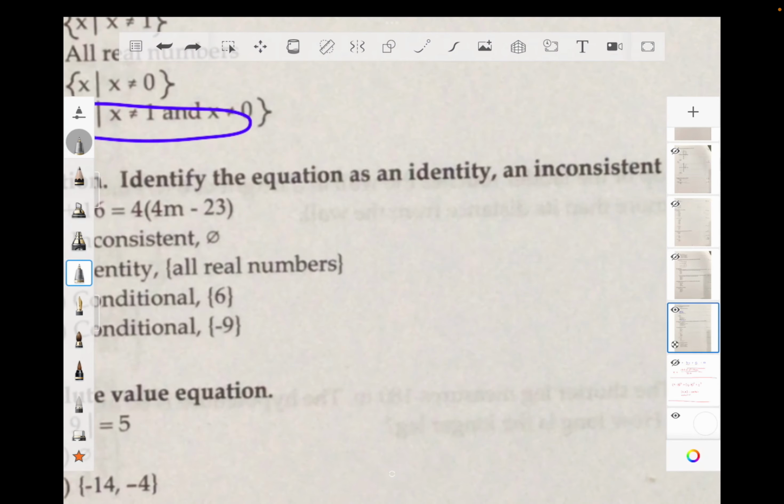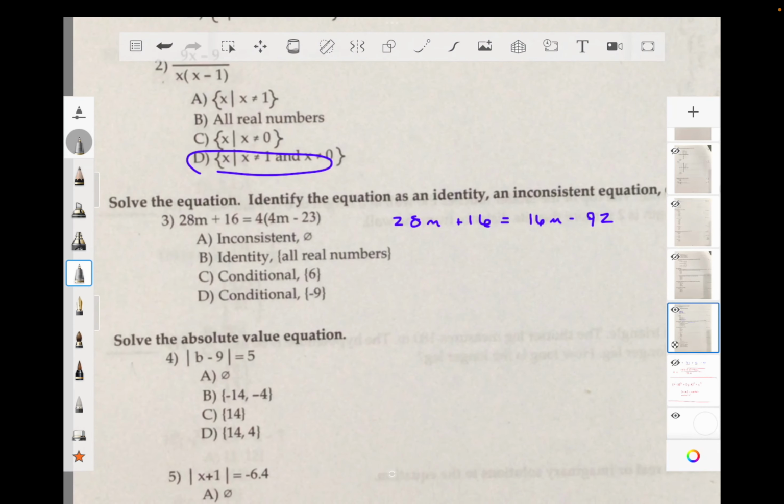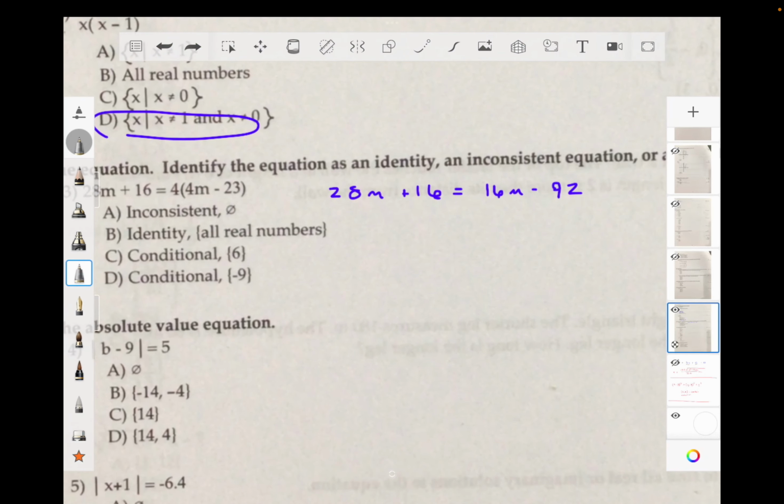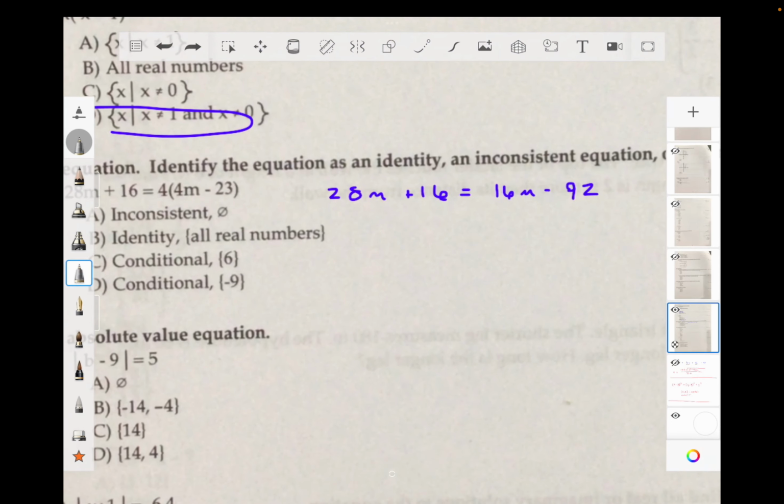28m plus 16 equals 16m minus 92. I just distribute this 4 out. And then combine like terms, 28 minus 16 is 12m.